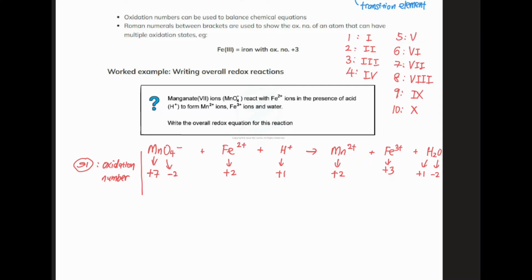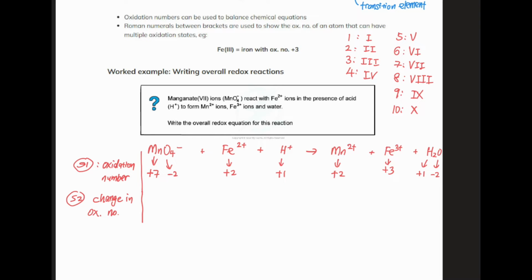After that, step 2, we need to look for the change in oxidation number. So we have to observe the changes. For example, you see manganese, Mn. From positive 7, it becomes positive 2.